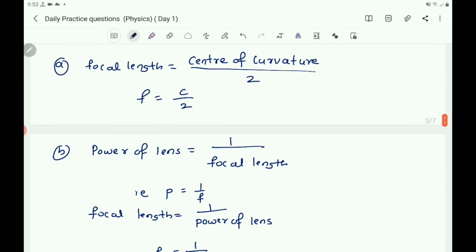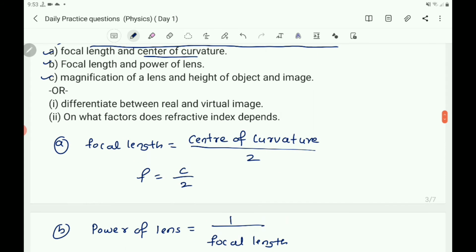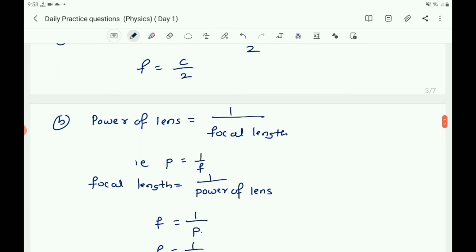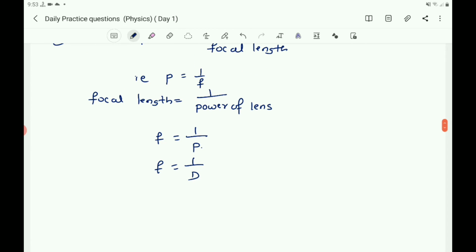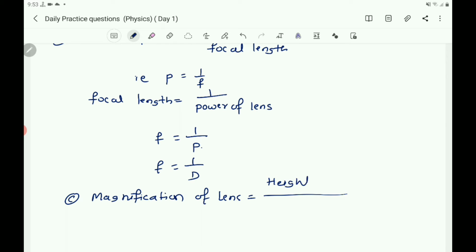The next one is magnification of a lens and height of object and image. Then you write magnification of lens equals height of the image by height of the object.